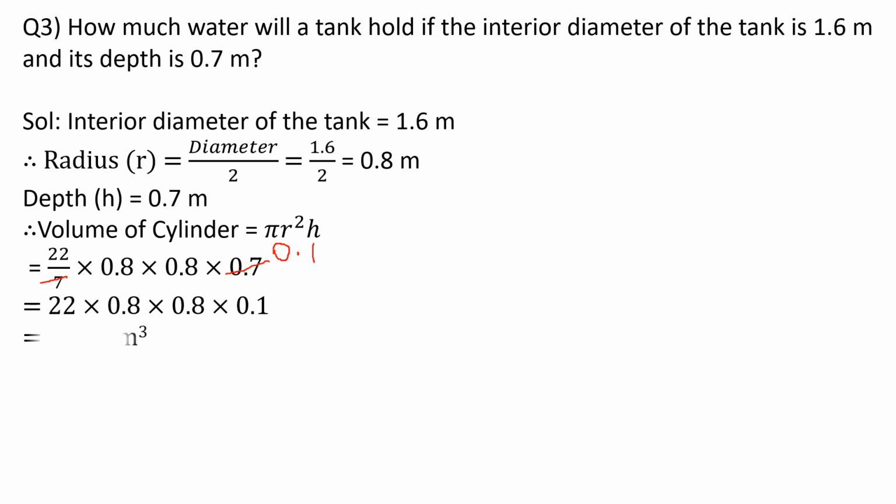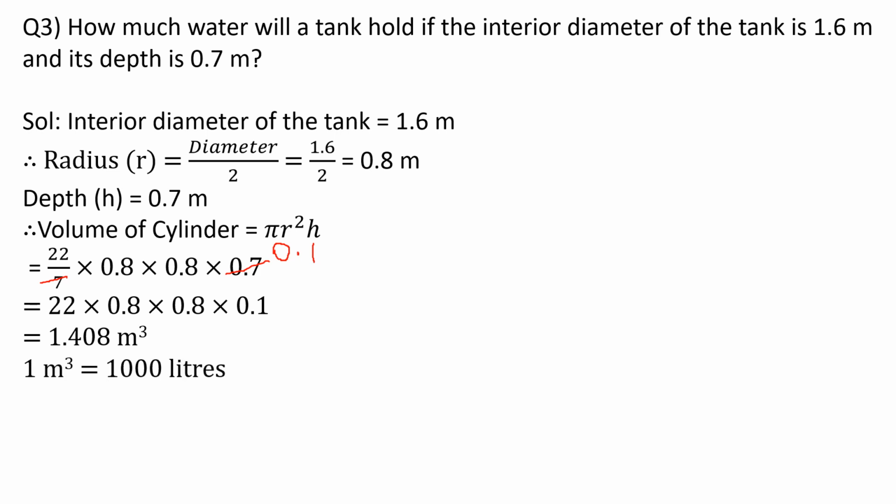So when you multiply all these 4, you'll get the answer 1.408 meter cube. You can see the decimal point is after 3 digits. All these 3 numbers have one digit after the decimal, so after 3 digits you will put your decimal point.